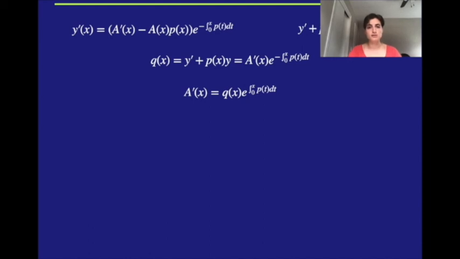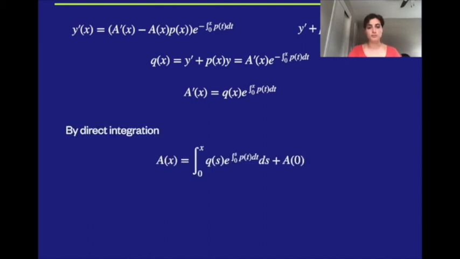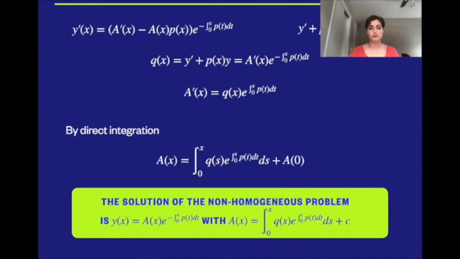So we can just integrate on both sides, and by direct integration we have a formula for a. Might not be the most straightforward thing ever, but it's something that solves our problem, because if we plug the value of a inside what we had before, we can solve the non-homogeneous problem, at least formally.